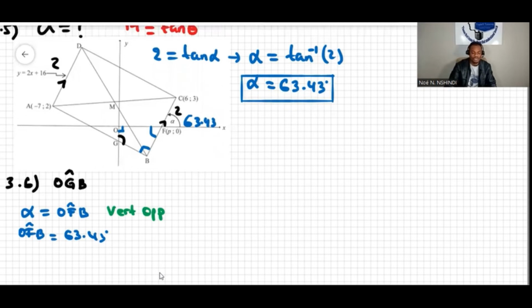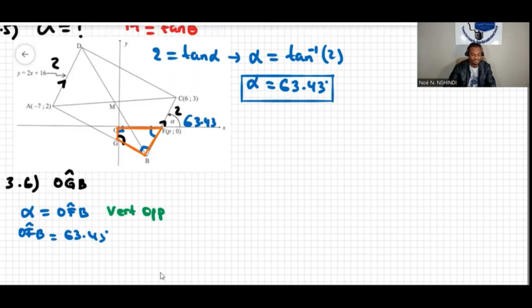So we can work out the sum of the angles in this quadrilateral. In this trapezium, the sum of the angles will be 360 degrees.